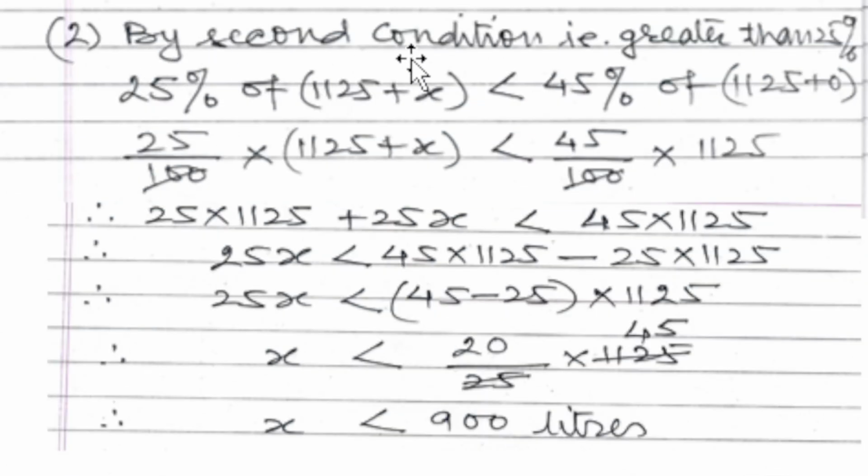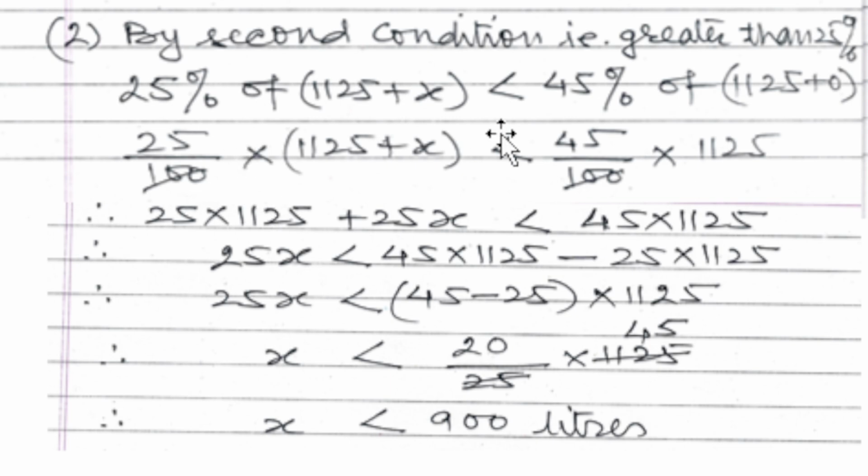Well, by the second condition, that is greater than 25%, the equation will be 25% of 1125 plus x less than 45% of 1125 plus 0. Similarly, I have taken 0 in the second equation also because no acid will be added when we add only water.